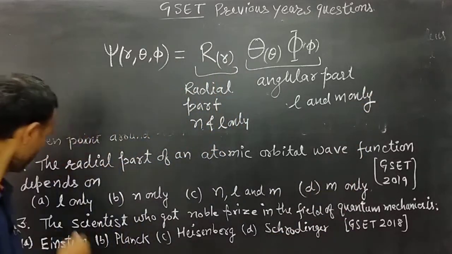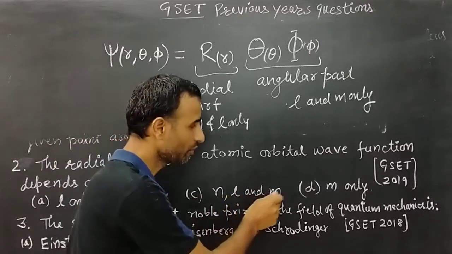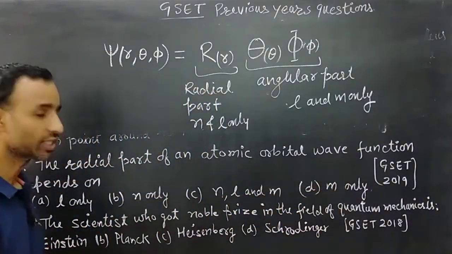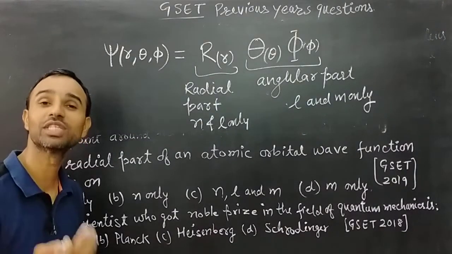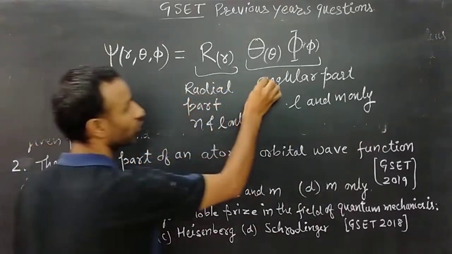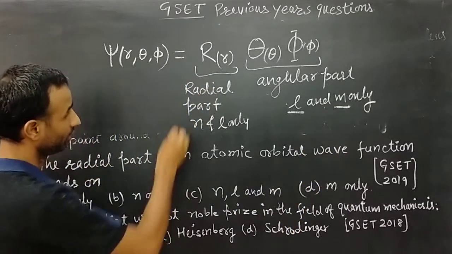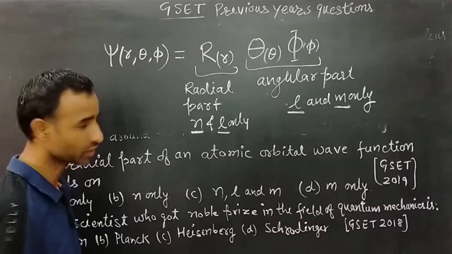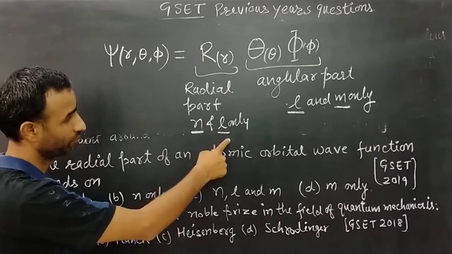So what are the options? L only, n only, n, l and m only. See, no option is exactly true. Now, which one is nearly true? That we will see. See, actually angular part depends upon l and m, and radial part depends upon n and l quantum numbers. Principal quantum number, azimuthal quantum number.